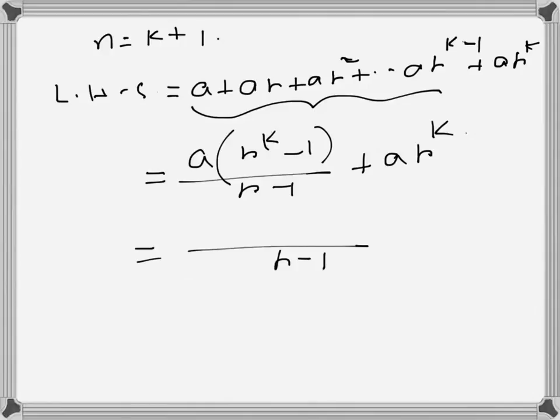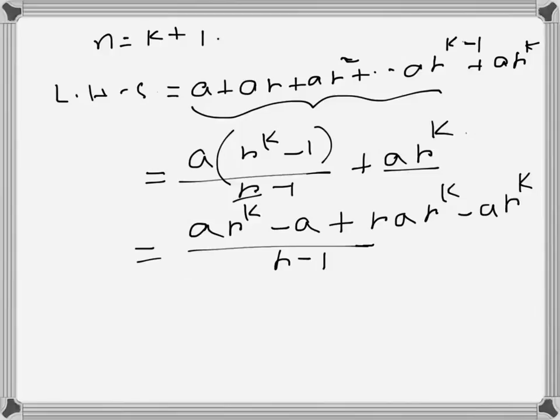So the denominator is r minus 1, and the numerator is ar to the power k minus a, plus this one multiplied by r minus 1, so basically ar to the power k plus 1 minus ar to the power k.